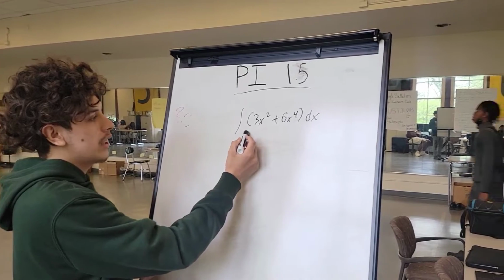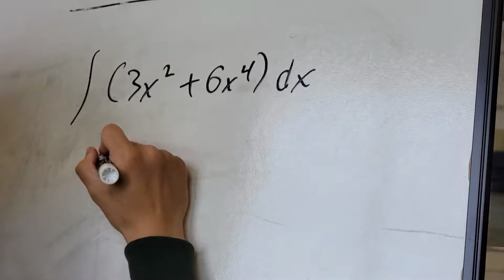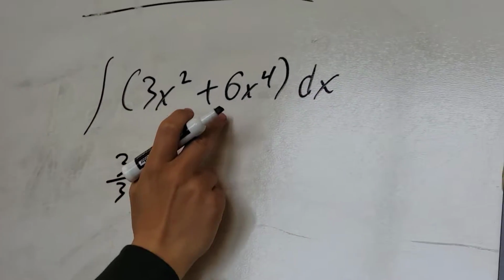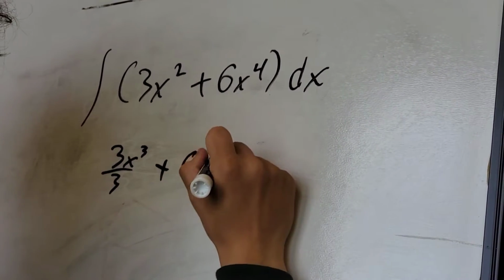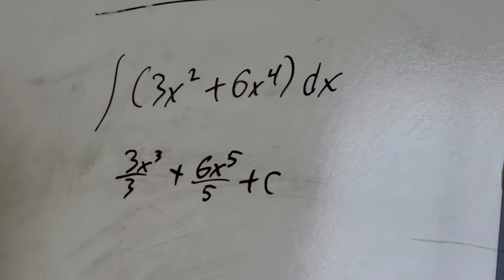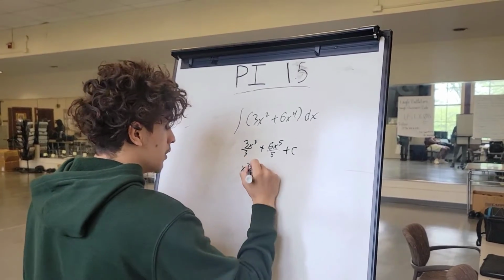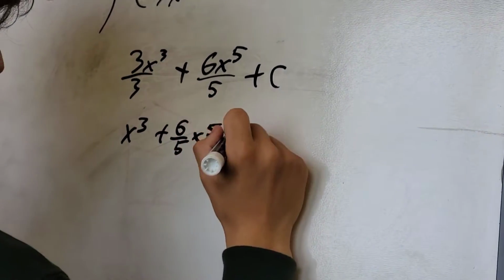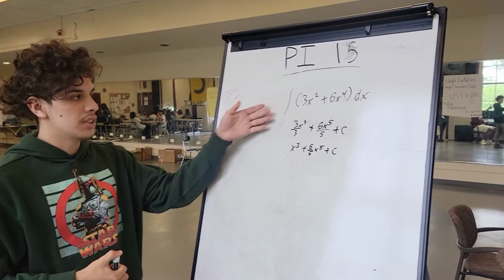The antiderivative of 3x squared is 3x cubed over 3, and for 6x to the fourth you'll have 6x to the fifth over 5, plus c. Then we simplify this to x cubed plus 6 fifths x to the fifth plus c, and that is the simplified antiderivative of this problem.